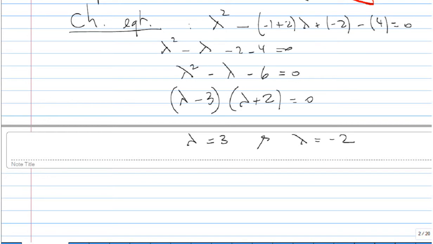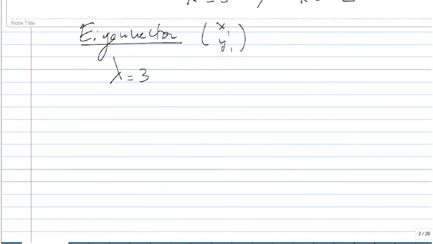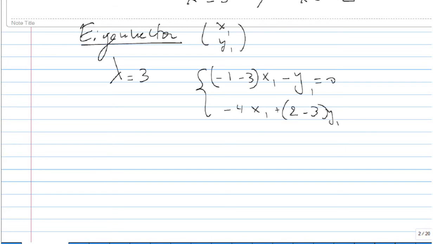So next we need to find the eigenvectors x1, y1 for each lambda. So first, lambda equals 3. The system that will give it to me is minus 1 minus 3 times x1 minus y1 equals 0, minus 4 x1 plus 2 minus 3 times y1 equals 0.